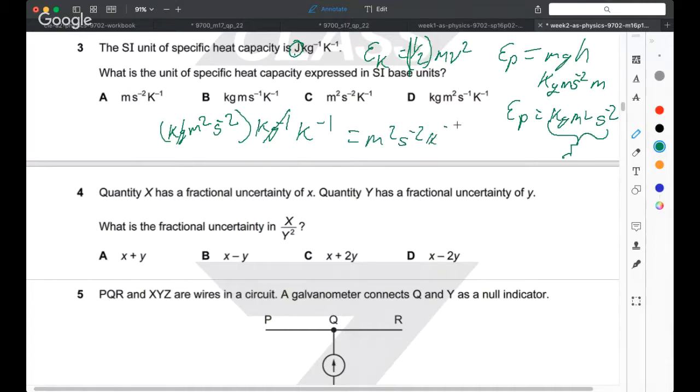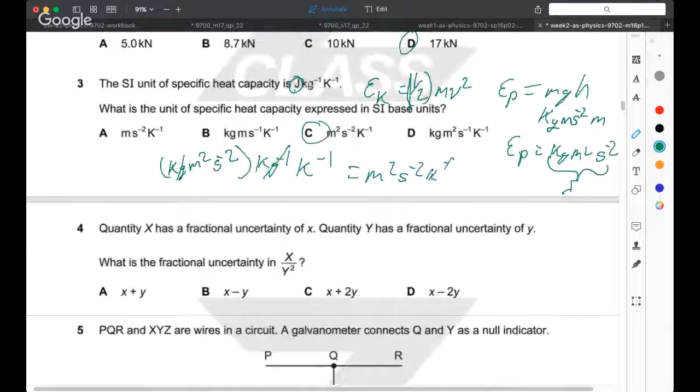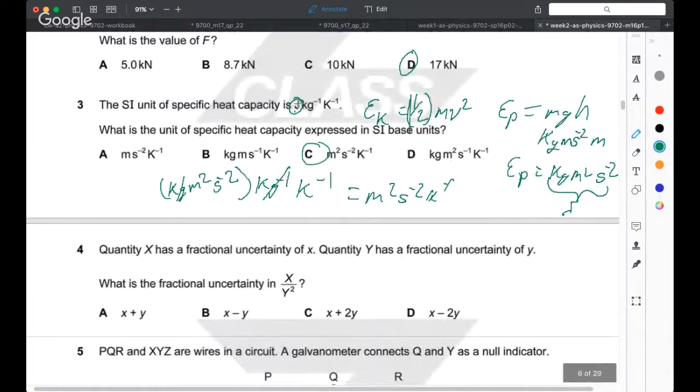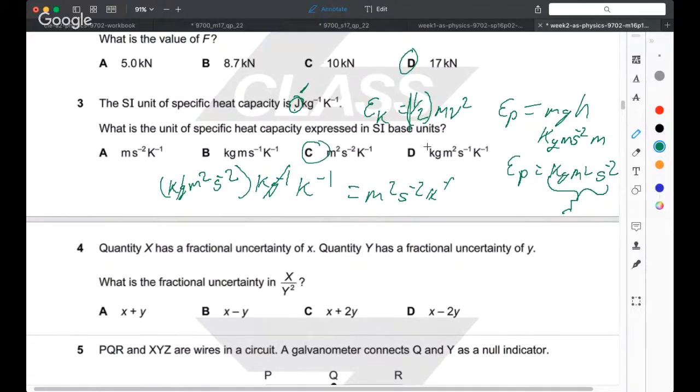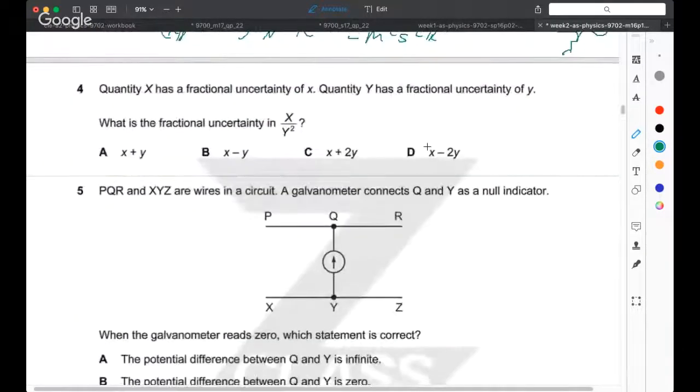So C. The only thing is, instead of using the typical units, you use only the base units. Remember that the base units are just those that you actually measure. So joules, you cannot measure exactly. You can measure a meter, you can measure a kilogram.